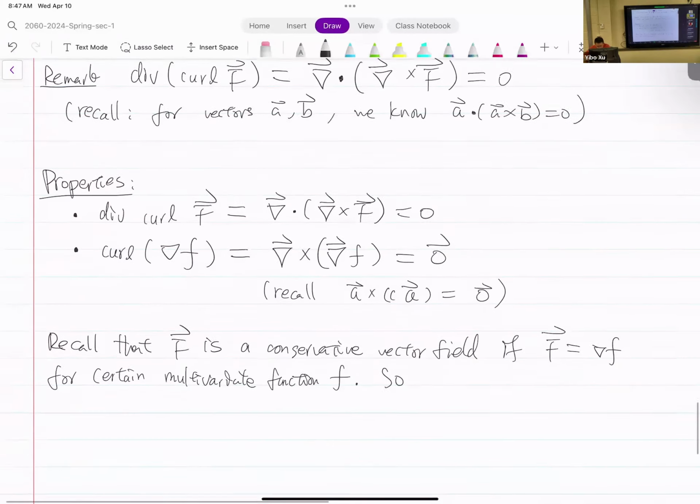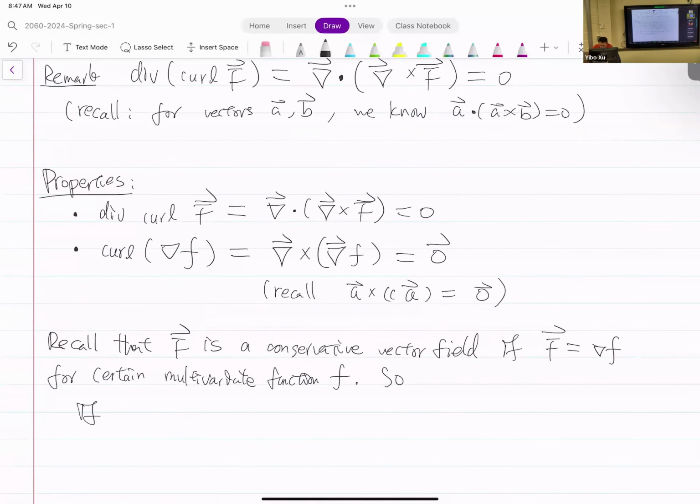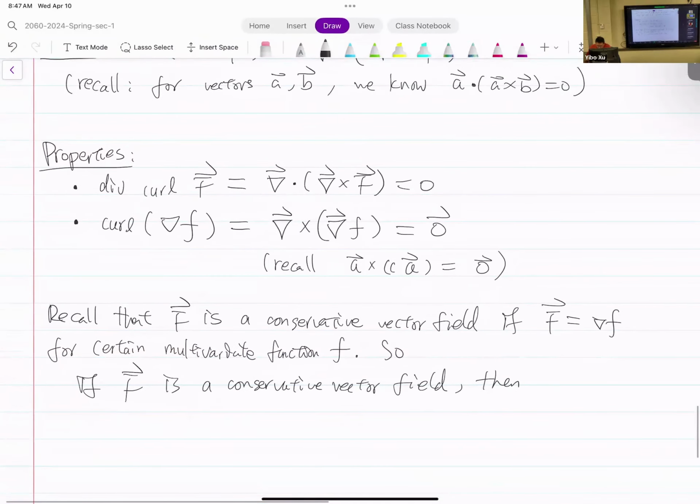So we know the following important result. If f is a conservative vector field, then by the property right above, the curl of this vector field is always a 0. It's always a 0.